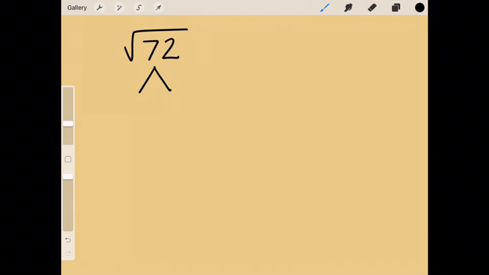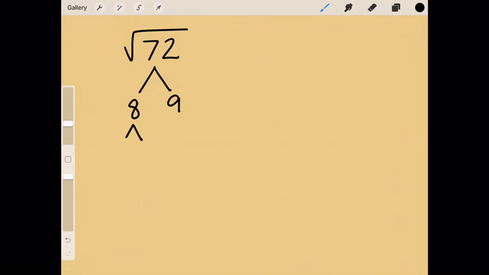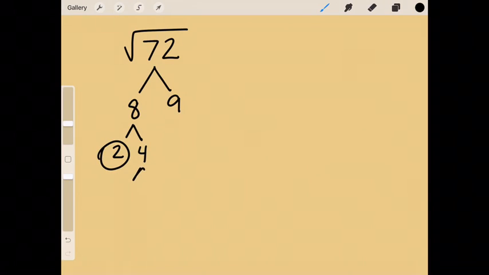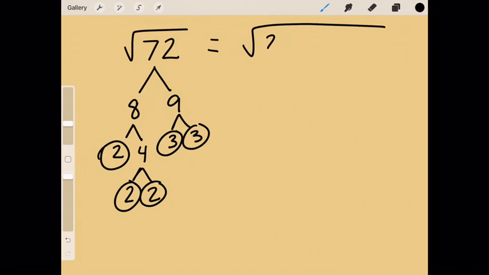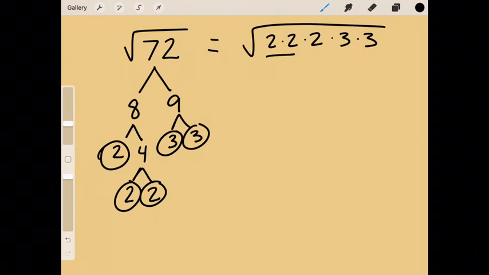Square root of 72. 72 gets broken down into 9 and 8. 8 gets broken down into 2 and 4. 2 is prime, 4 is not. 9 gets broken down into 3 and 3. So then we write that out.